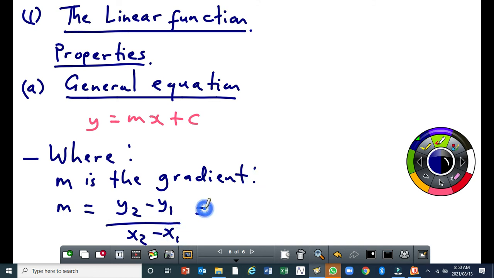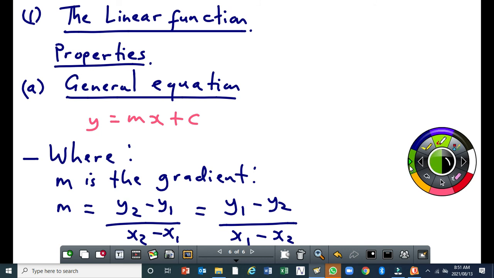I'm aware that last year your teacher may have taught you that the gradient can only be calculated using y2 minus y1 over x2 minus x1. Some teachers don't tell learners that it is also equal to y1 minus y2 over x1 minus x2.